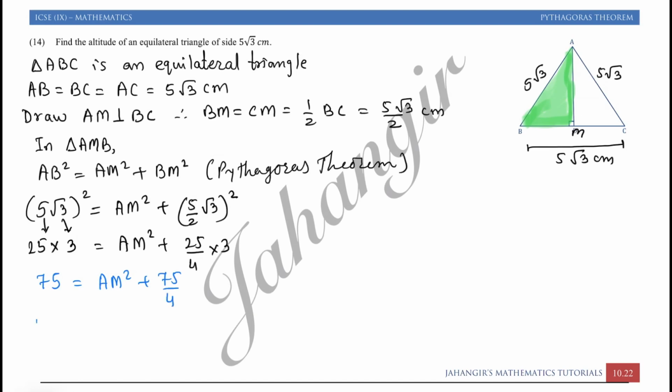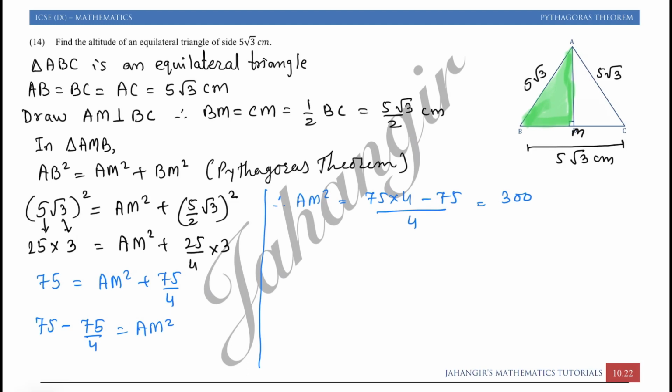So we will shift 75 upon 4 to the left side, that is equal to AM square. Taking LCM, therefore AM square is equal to 75 into 4 minus 75 upon 4. So we can say 300 minus 75 upon 4.